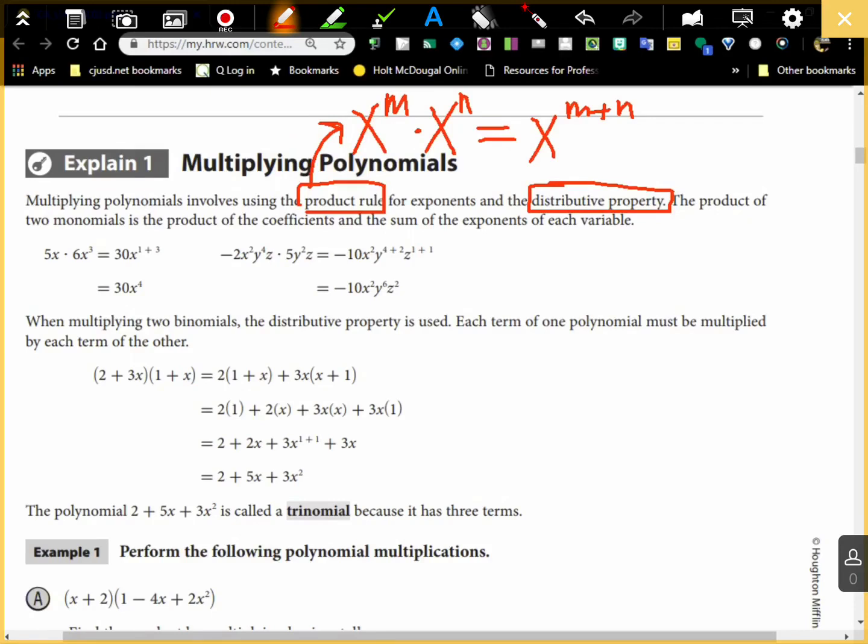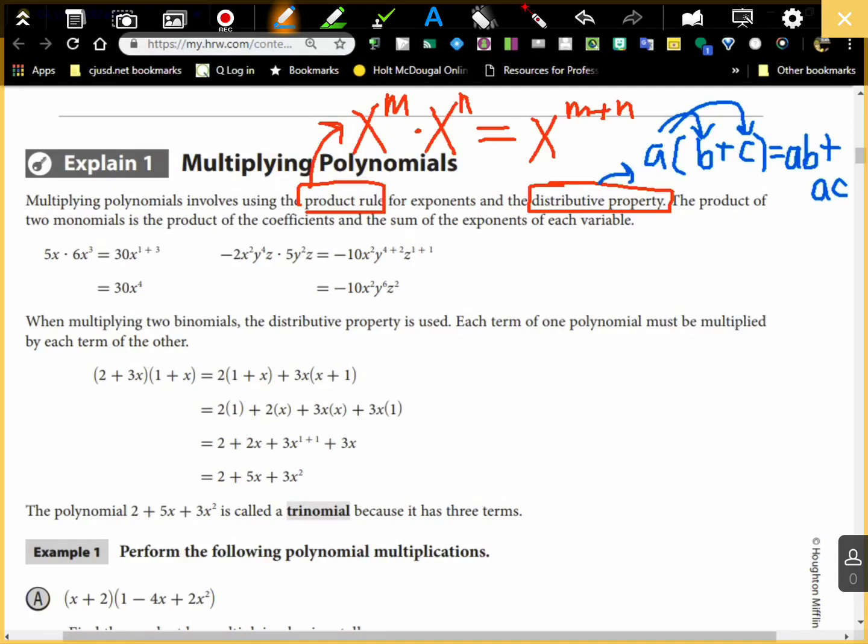Does anyone remember what the distributive property is? So if I have something outside a parenthesis, I distribute it and multiply it to every item inside.